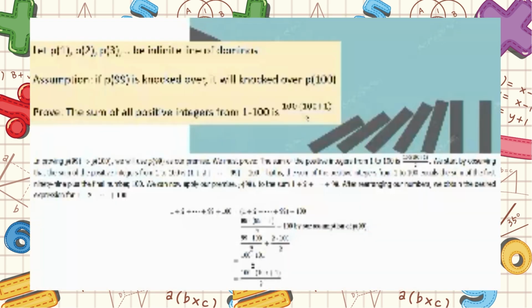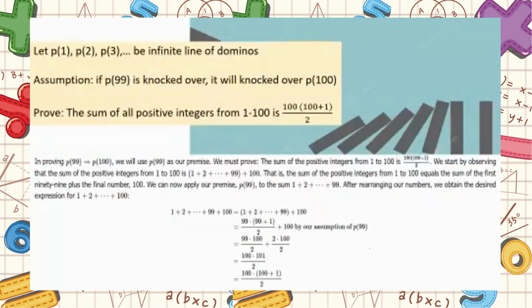Let us assume that the infinite line of dominoes here are P of 1, P of 2, P of 3, and so on.